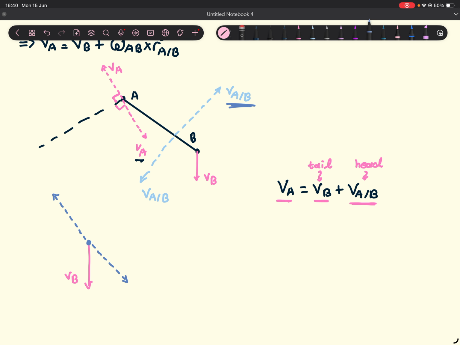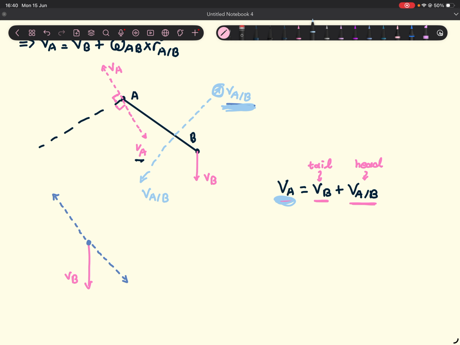And then we know that it must end at the head of VA relative to B. So I need to choose the direction of VA relative to B such that the head of this vector ends at the head of VA, right?